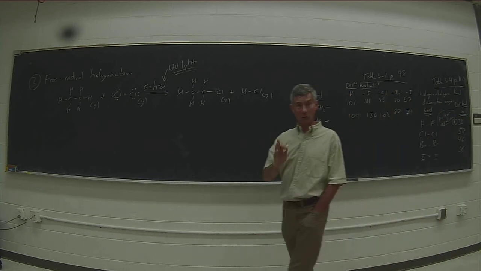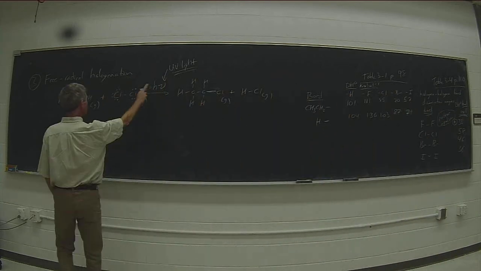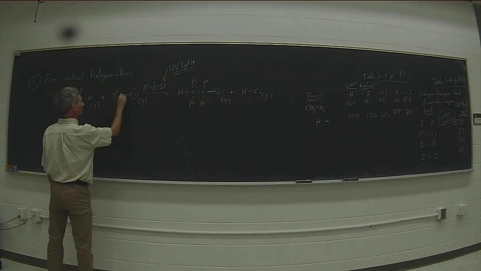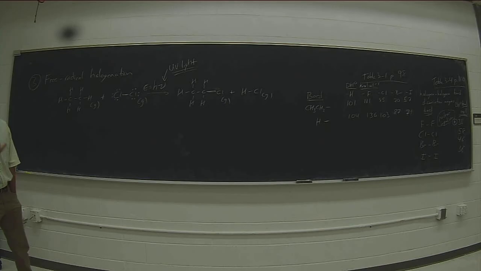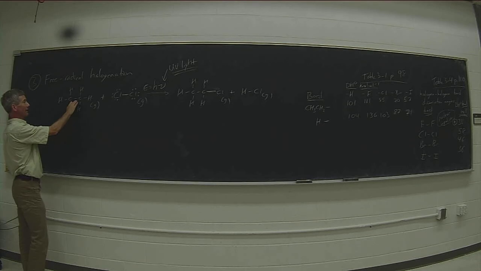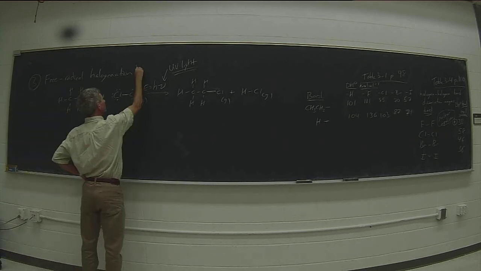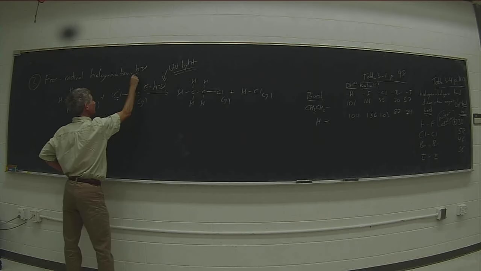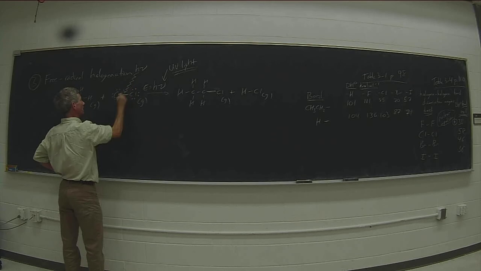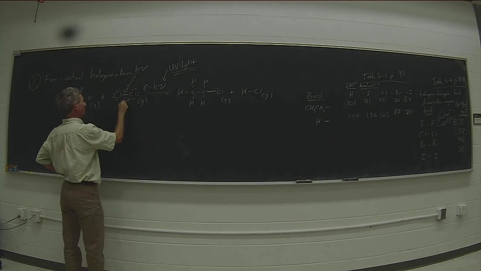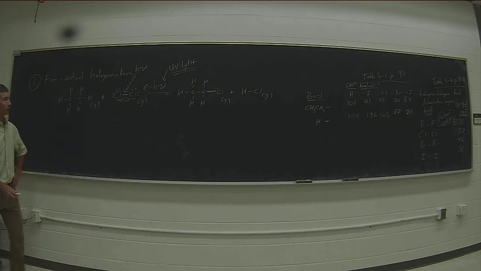So the bond that's going to break when we shine light is the chlorine-chlorine bond, because 58 kilocalories per mole is much less than either 89 or 101. So what we show is light energy hitting that chlorine-chlorine bond and causing it to dissociate.